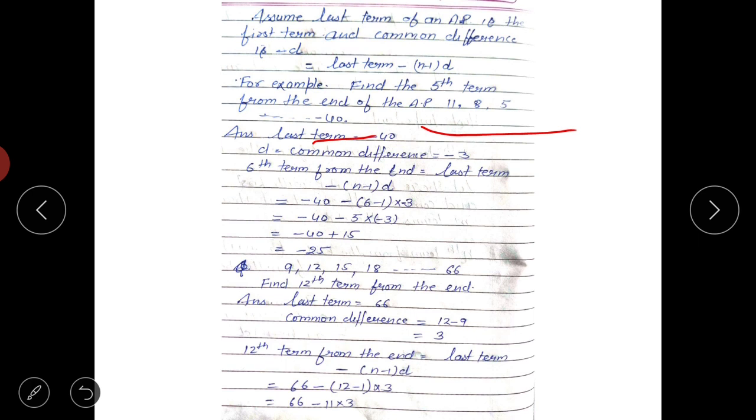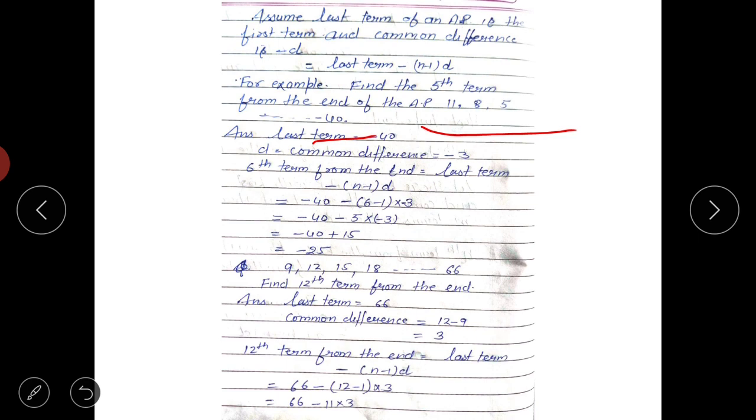So minus 40 minus 6 minus 1 into minus 3, that is minus 40 minus 5 into minus 3, which is minus 40 plus 15, that equals minus 25.